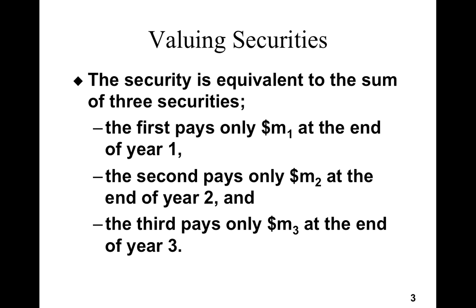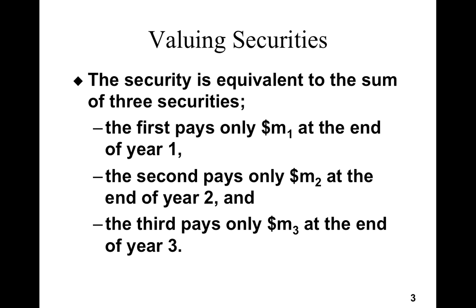To figure that out, think about what this security actually is. This security is equivalent to the sum of three securities. The first security pays only M1 at the end of year 1. The second pays M2 at the end of year 2. And the third pays M3 at the end of year 3.